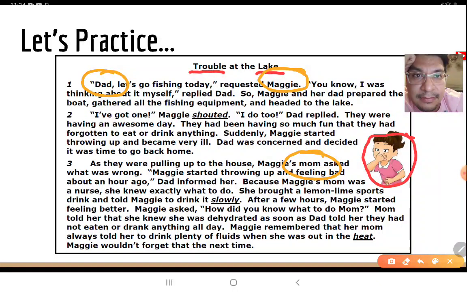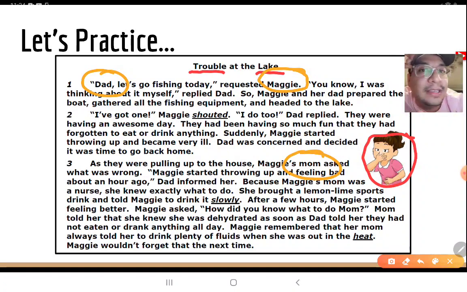And what was the solution? Remember, there's always a possible solution to the story. Can somebody think about the solution? Meaning, how did the problem get solved? Think about it. The problem got solved by the mom giving her that sports drink to help her dehydration.